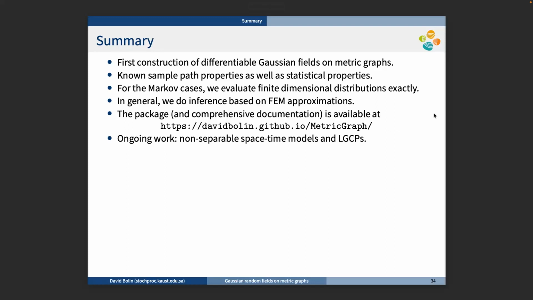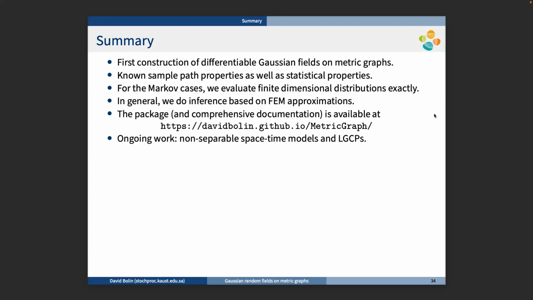And well, some ongoing work that we're currently working on is mainly two things. The first thing is to extend this to spatiotemporal stochastic PDEs. What you saw here was purely spatial models where there was no time in the equation, but for many applications, we also want to include a temporal component. And another thing is to include these models in so-called log Gaussian Cox processes.